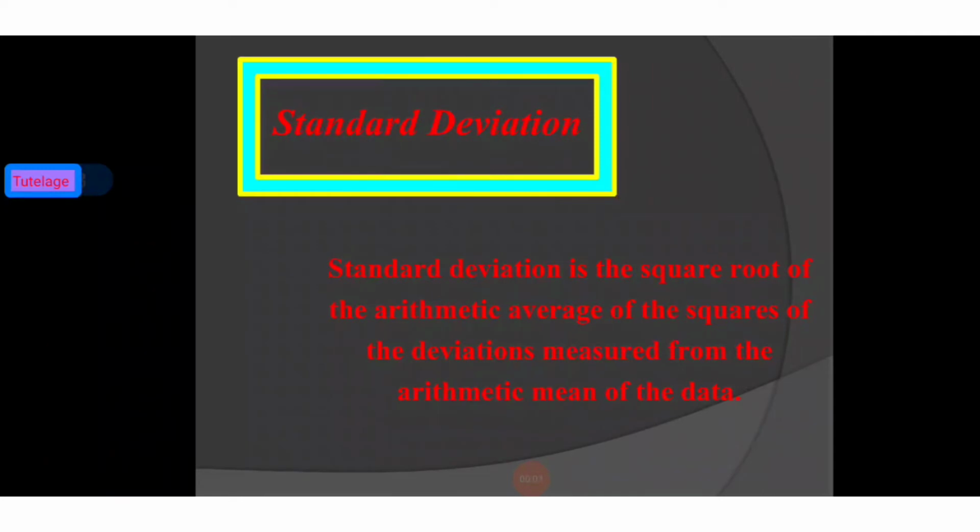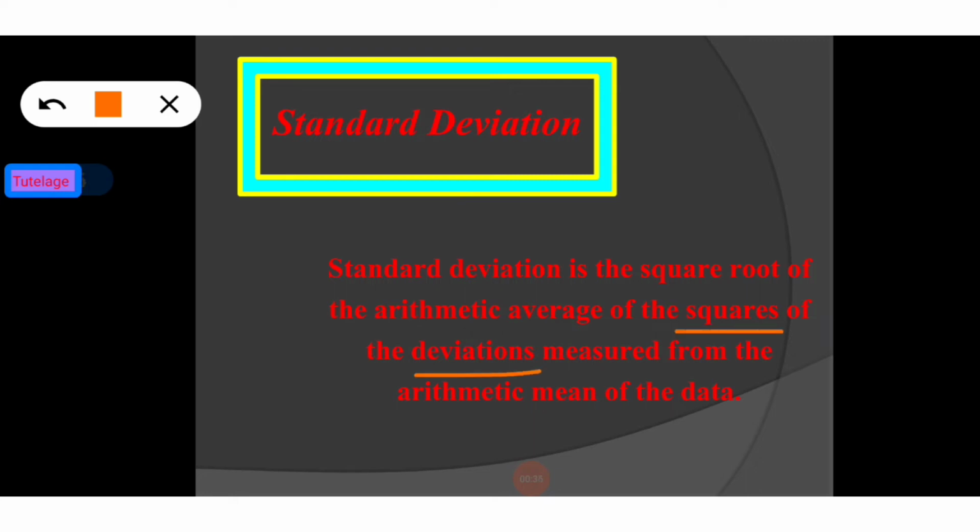Basically, standard deviation is a measure of the average of deviations from the average. The average chosen in this case is the arithmetic mean, but since the sum of the deviations from the arithmetic mean is always 0, which is one of the main properties of the arithmetic mean, standard deviation is calculated by taking the squares of the deviations.